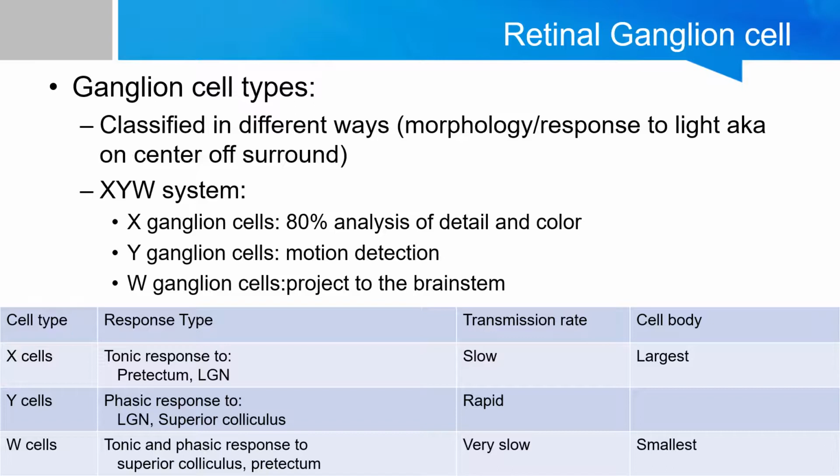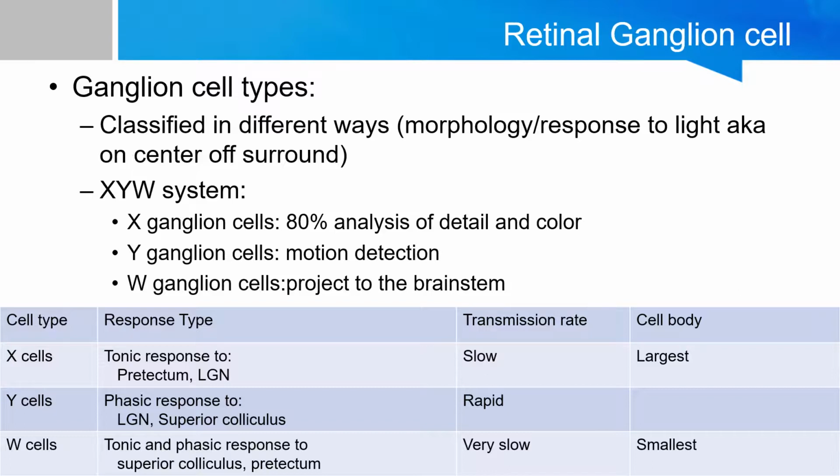The X ganglion cells comprise the great majority of the ganglion cells, and they're concerned with the analysis of detail and color. The Y ganglion cells detect motion, and the W ganglion cells project to the brainstem. And not a whole lot is known about these ganglion cells, and so you probably don't need to know a whole lot for the board exam.